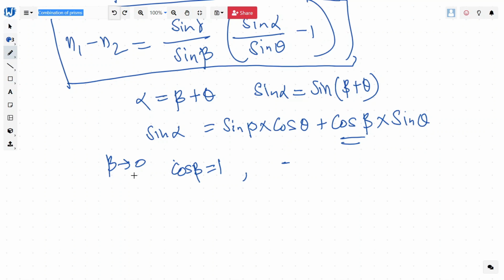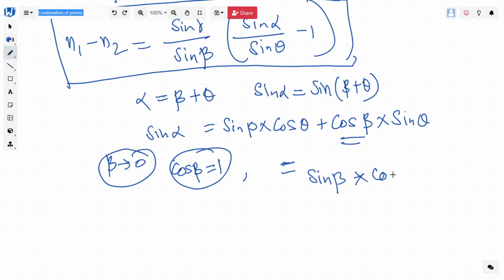So at beta very small, we have cos beta equal to 1. So we are going to write cos theta plus sine theta, and we are going to plug it over here and find that value.